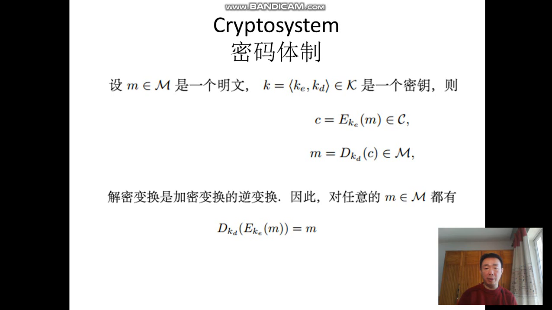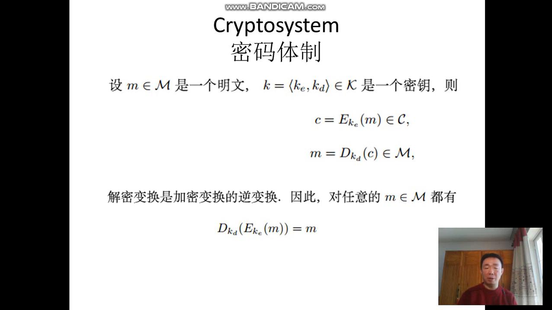And we use the letter C to mean ciphertext. Uppercase E is used for encryption. Uppercase D is used for decryption. So you can see the two formulas. The message M is transformed by the function E_KE.